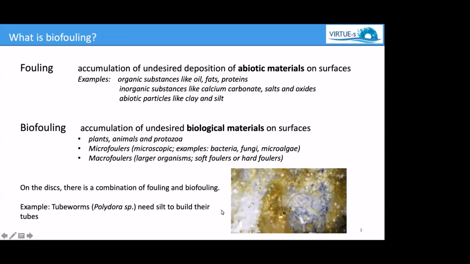Here is the biofouler, a tube worm, and here you have the silt, the physical or abiotic material, which is actually needed by this tube worm to build its tube.